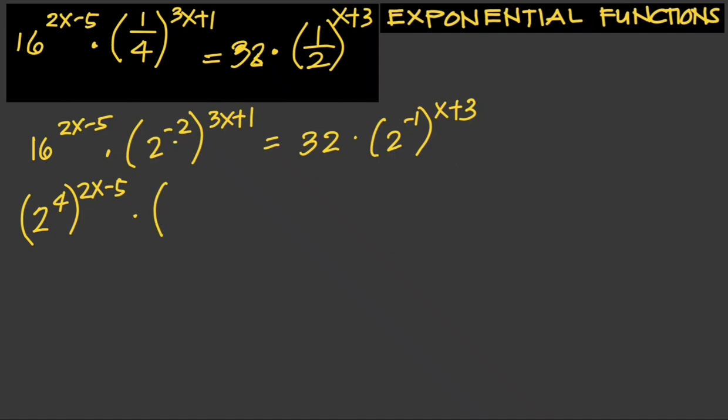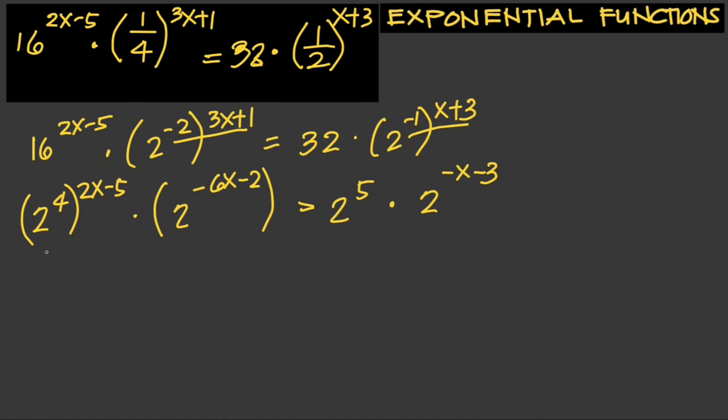And this one we simplify by applying the power of a power rule. That would be negative 2 times 3x plus 1. So that is 2 to the power of negative 6x minus 2, equals 32, which can be written as 2 to the power of 5, times, simplifying this, 2 to the negative x minus 3.